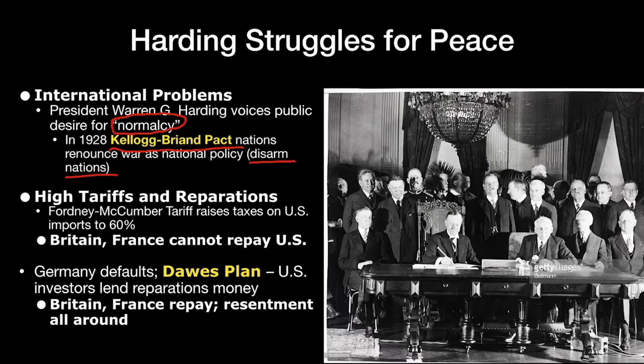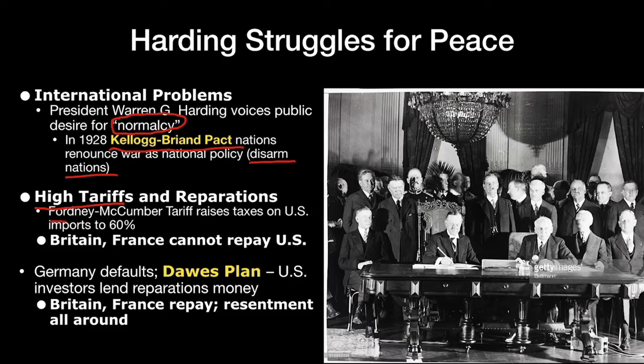Now, what we end up seeing is that they start to cut taxes from the higher echelon rich folks within the country. But what they decide to do instead of taxing the rich, they end up putting high tariffs in place. Okay, so a tariff is a tax that's paid on items that are traded.